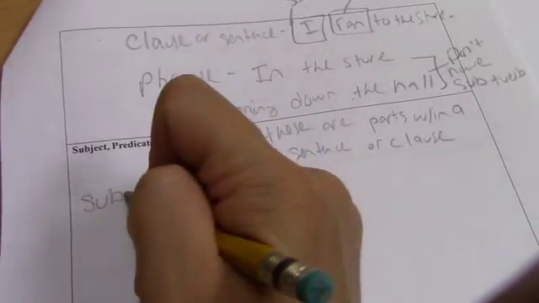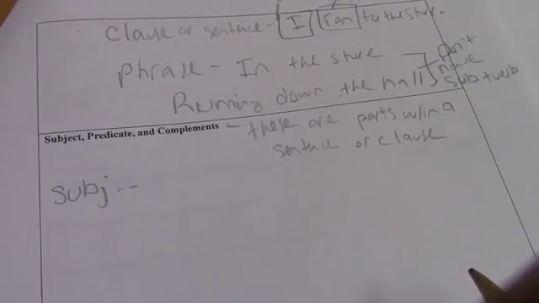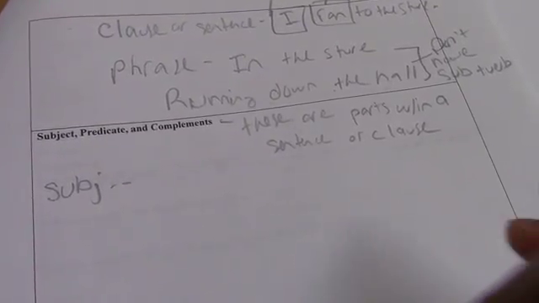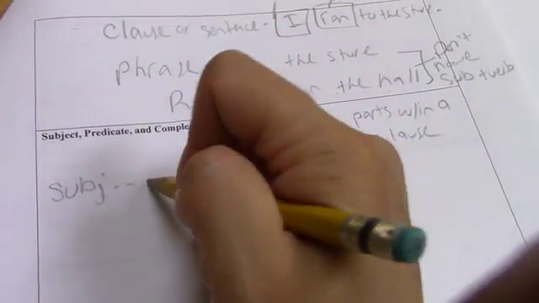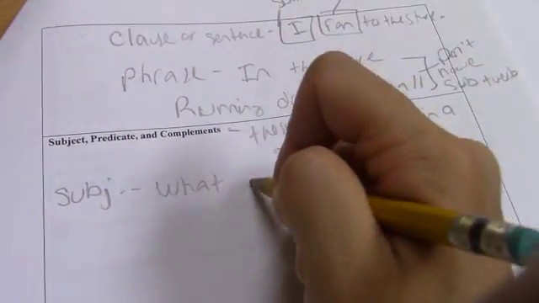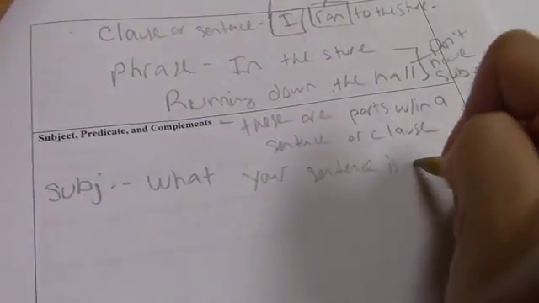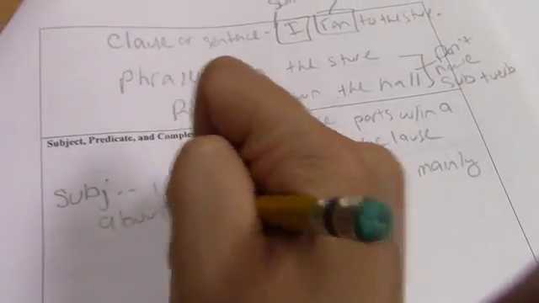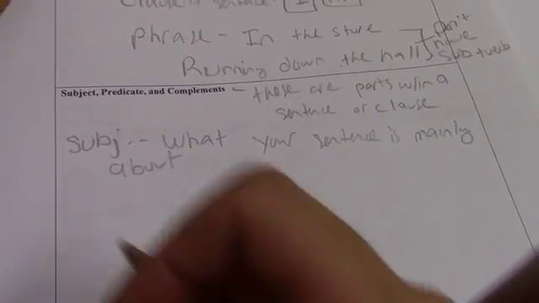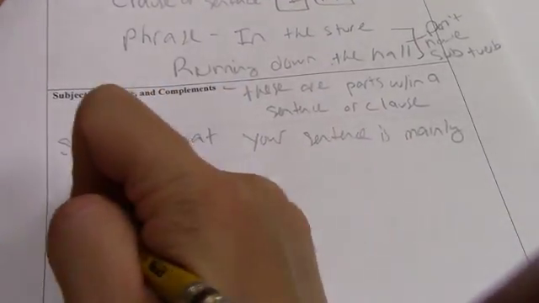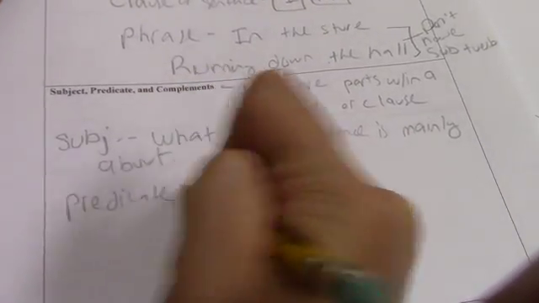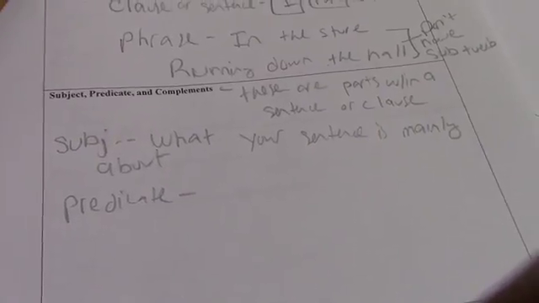The subject is what your clause or sentence is about. It's the main who, the main noun in your sentence. Your predicate is basically your verb in the sentence.